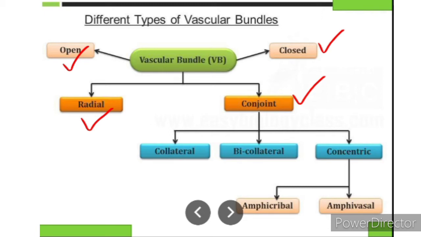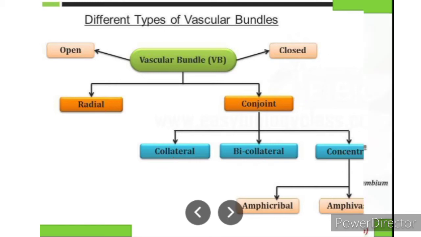In conjoint vascular bundle, there are three different types: collateral, bicollateral, and concentric vascular bundle. Concentric vascular bundle is again divided into two types: amphicribral vascular bundle and amphivasal vascular bundle. What amphicribral and amphivasal are, we will discuss.